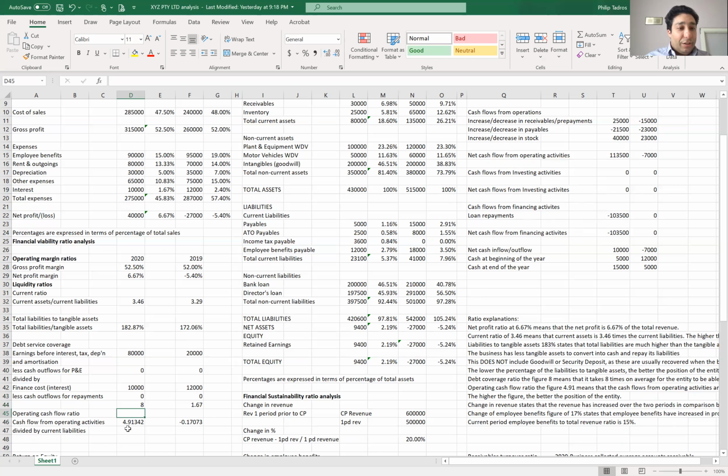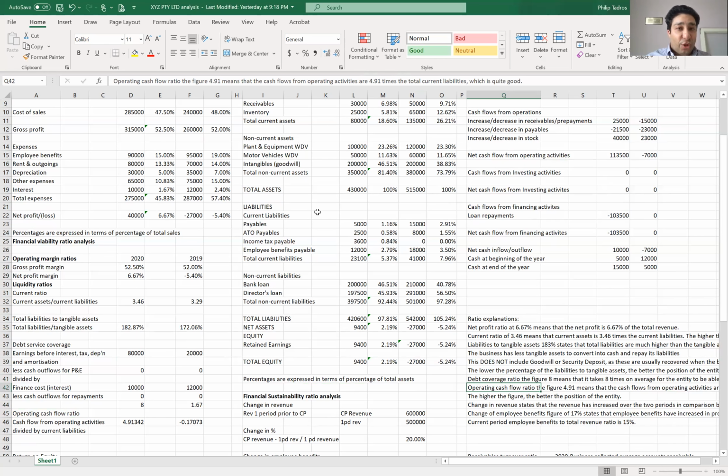So we do the calculations and see that the number that we come up with is expressed in times, and that'll tell us how many times it takes for the business to be able to service its debts throughout the whole year.